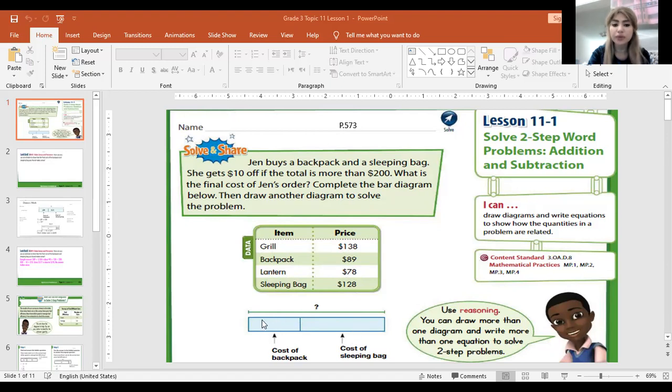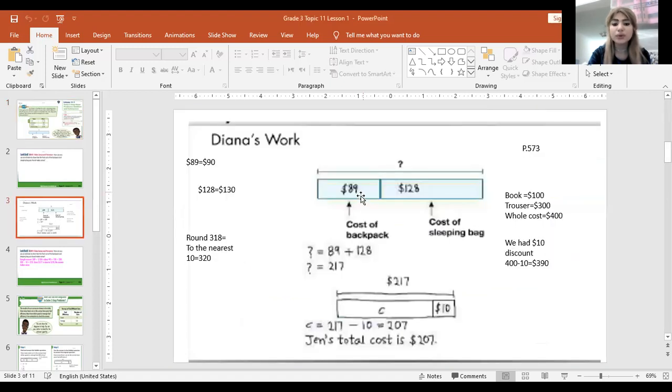Here is the cost of a backpack. What is she buying? She's buying a backpack, so I have here the backpack, and I have the cost of a sleeping bag. The backpack is $89. The sleeping bag is $128.